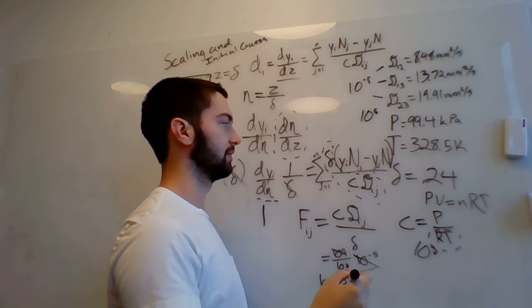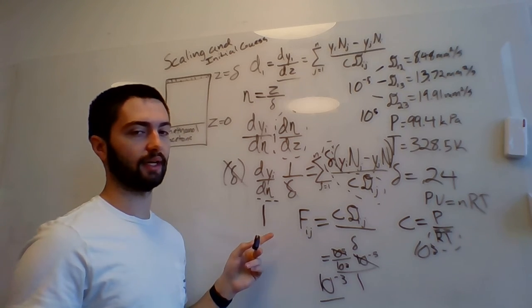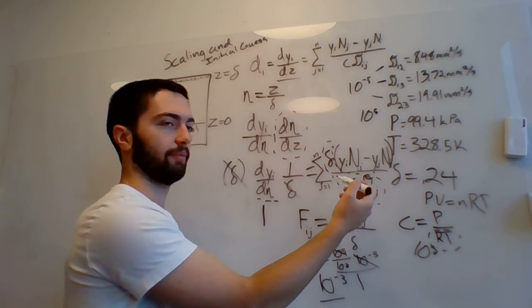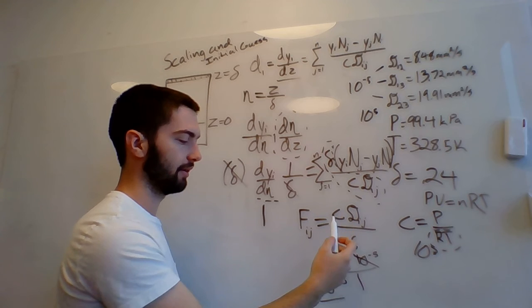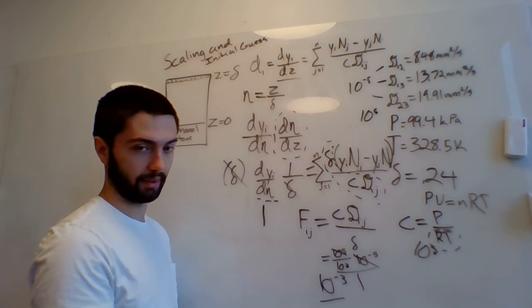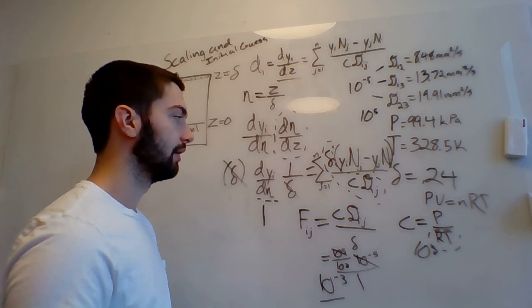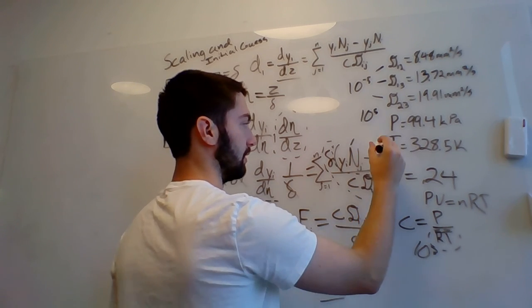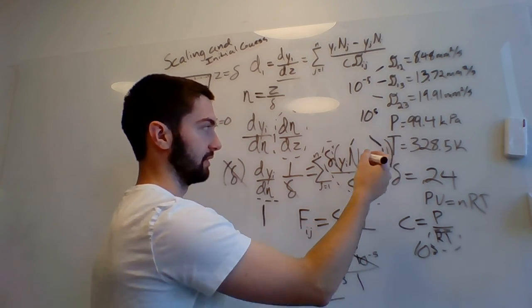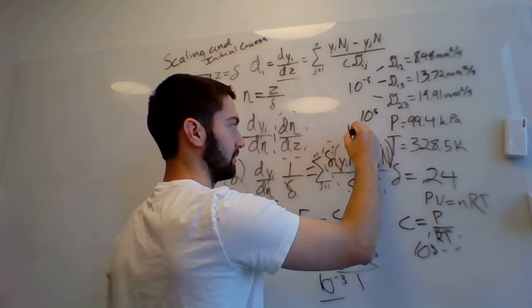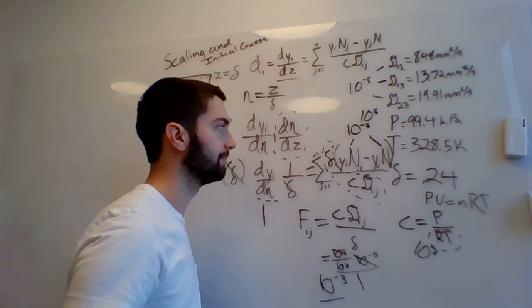So to get an order of magnitude of 1 on the left side, we have to have the same order of magnitude in the numerator and the denominator. We just solved for the order of magnitude in our denominator. It's going to be 10 to the negative 3rd. So we can make a reasonable guess that the order of magnitude of these molar fluxes is going to be 10 to the negative 3rd.